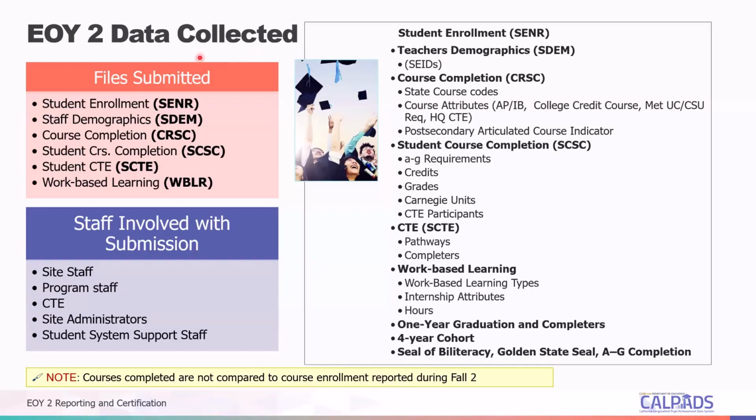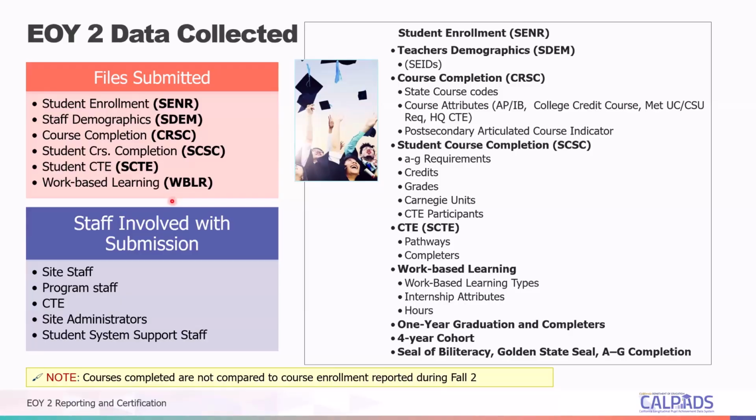LEAs are expected to submit the SCNR, SDM, CRSC, SCSC, SCTE, and WBLR for EY2. End of year 2 staff demo, course and student course submission is a separate and unrelated submission to Fall 2.